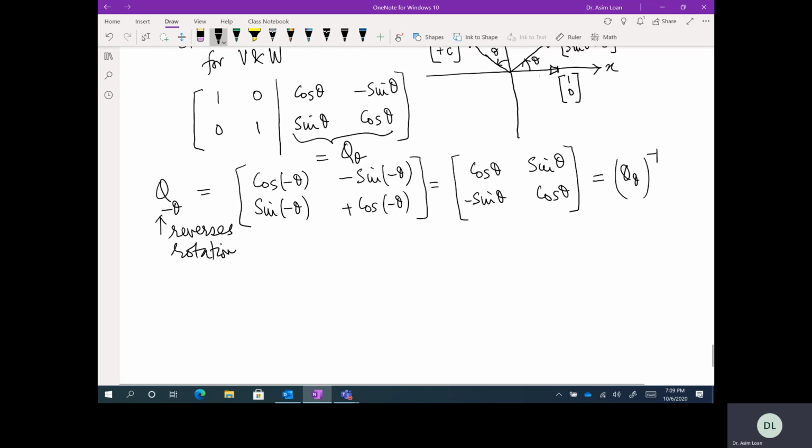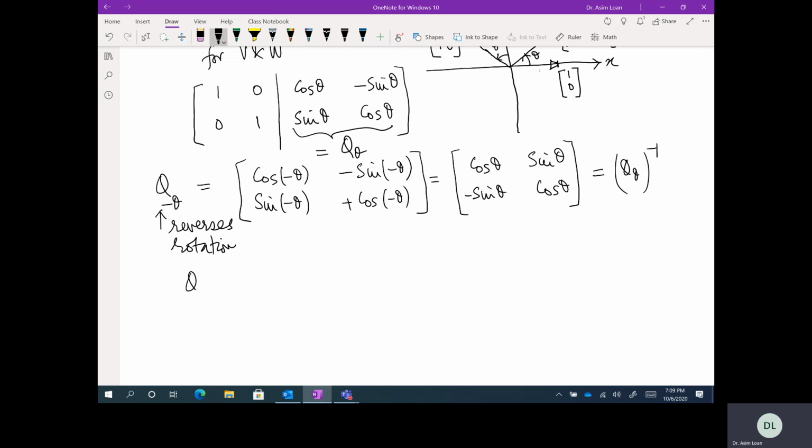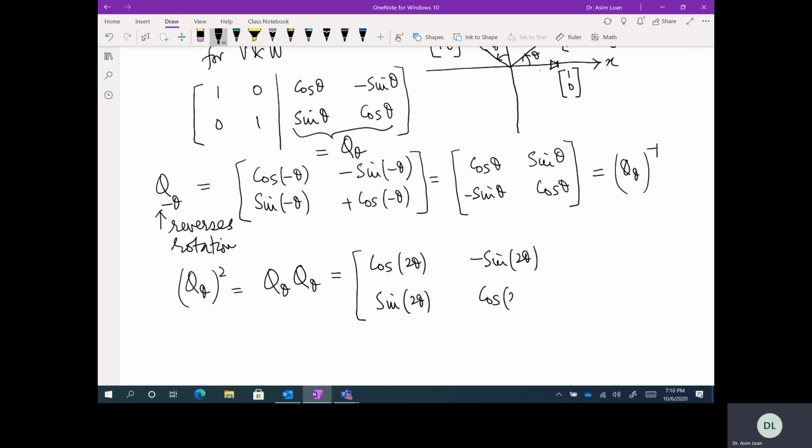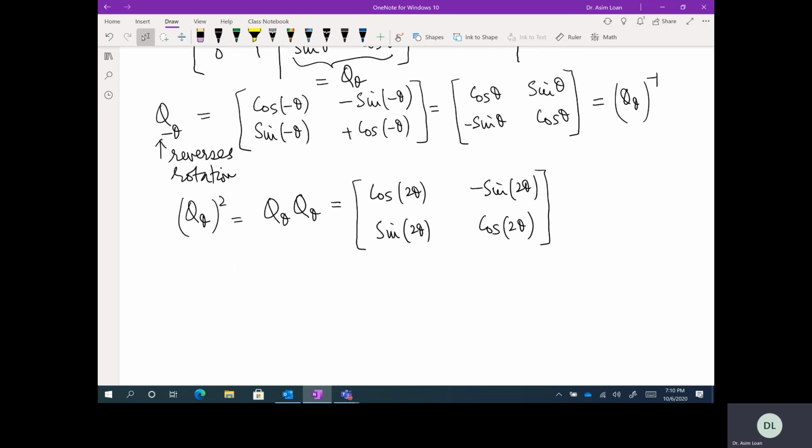Okay, and if I want to do Q theta squared, it is simply Q of theta times Q of theta, and you can go home and check. This is going to be equal to cosine of 2 theta, sine of 2 theta, minus sine of 2 theta, and cosine of 2 theta. So it's simply matrix multiplication in trigonometry.